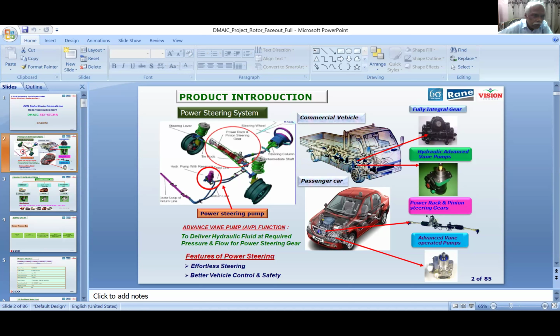I don't see your cursor at all. Where is your cursor now? Take your cursor up. Maybe you stop share and try again.